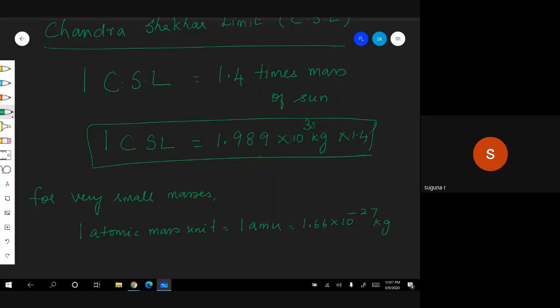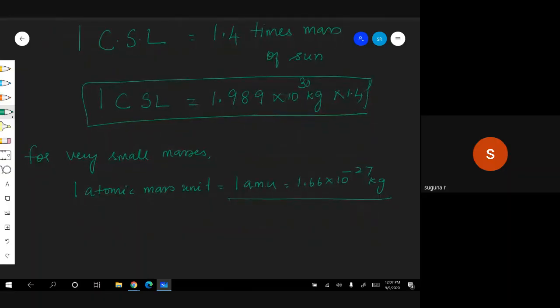Good, very good. So one atomic mass unit, 1 AMU, is 1.66 into 10 power minus 27 kilogram. All the atomic masses and nuclear masses are measured in terms of AMU. You cannot use astronomical units for atomic masses; there is no meaning in it.